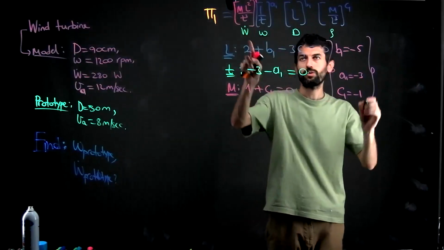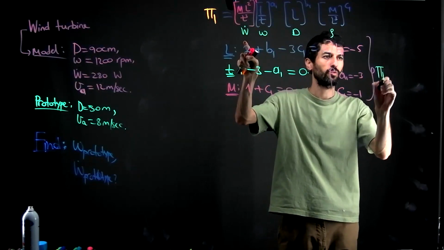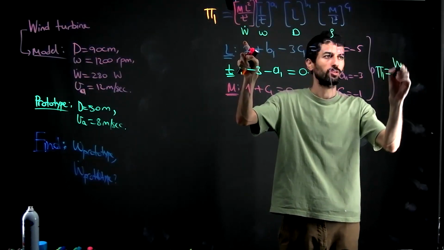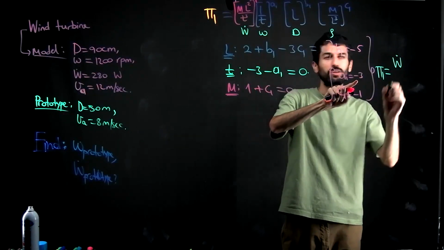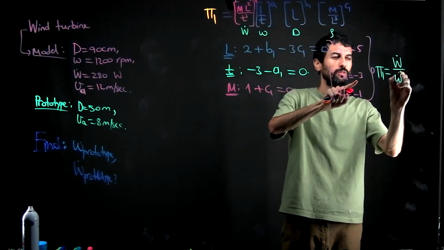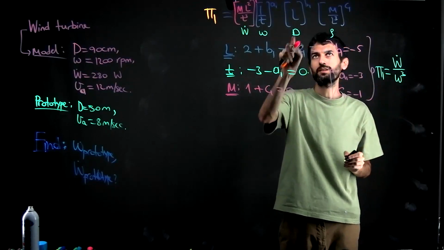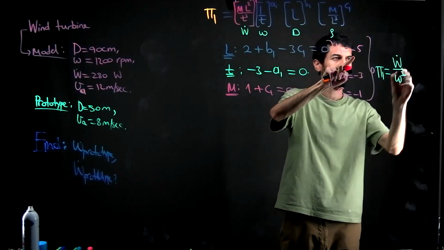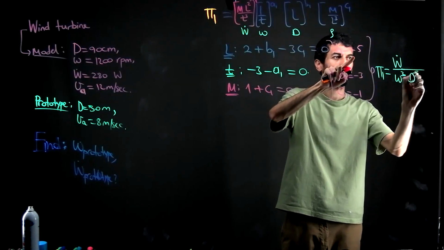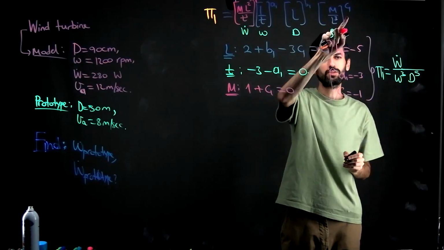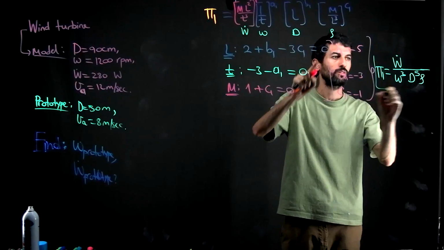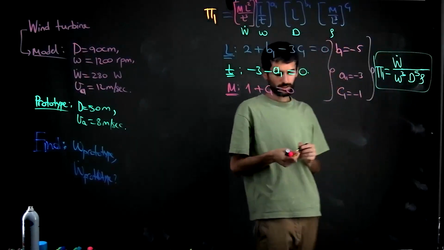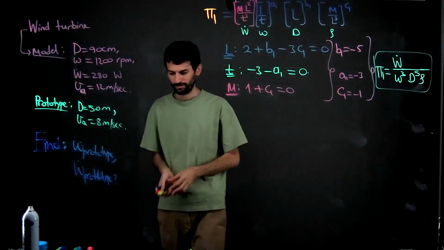Okay, so our first pi1 will be that the power, omega, which is a1, and a1 is -3, should be omega to the power of 3, and D is b1, and b1 is -5, so it will be D to the power of 5, and the rho is c1, and c1 is -1, it should be that rho. Okay, that is the first pi.